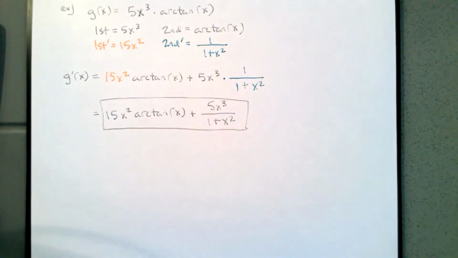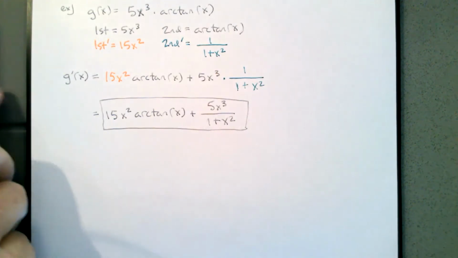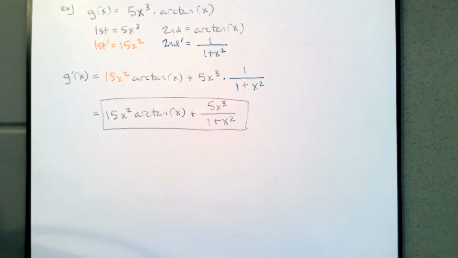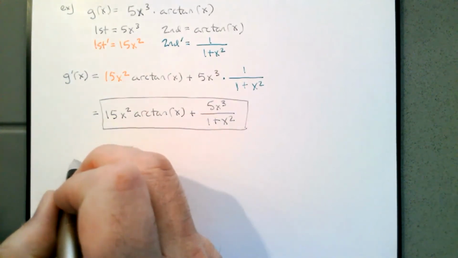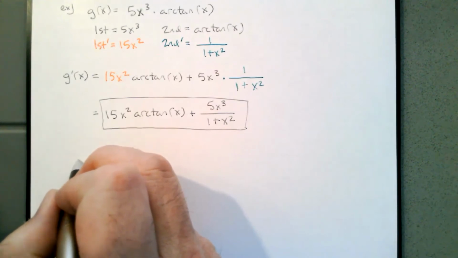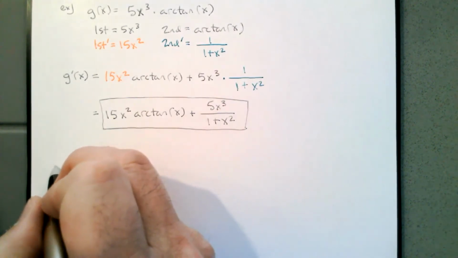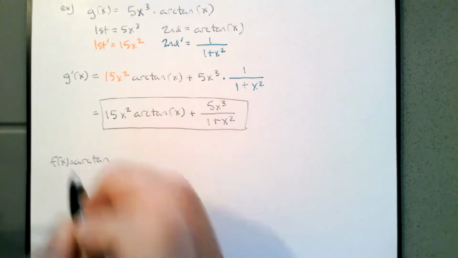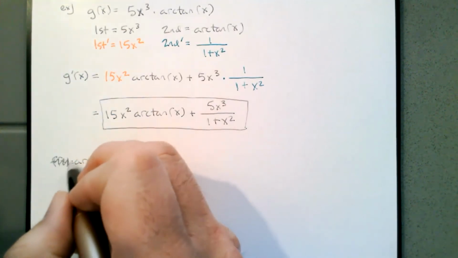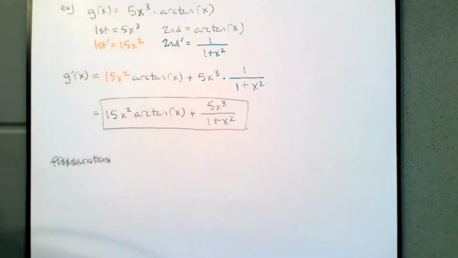An important thing to remember about trig functions and inverse trig functions is that they need something after them. We wouldn't want to say f of x is arctangent. I don't know why I crammed it way over here on the side. Trig functions need an argument after them.